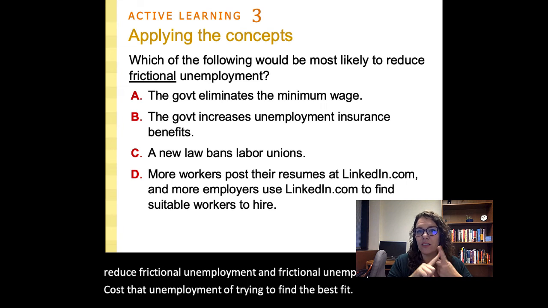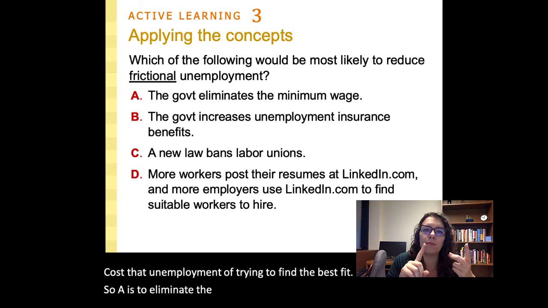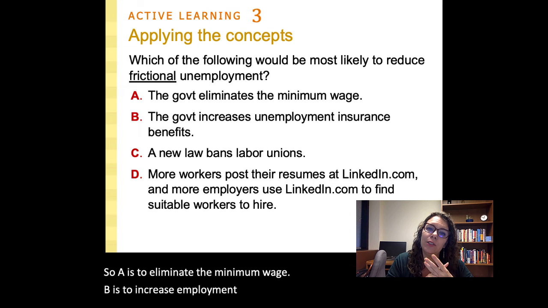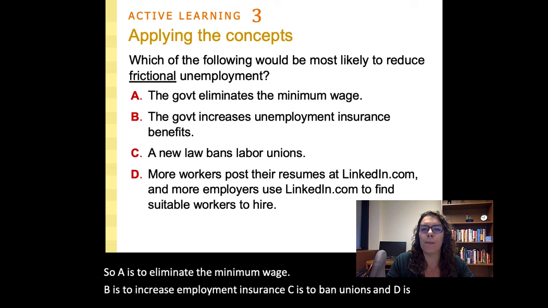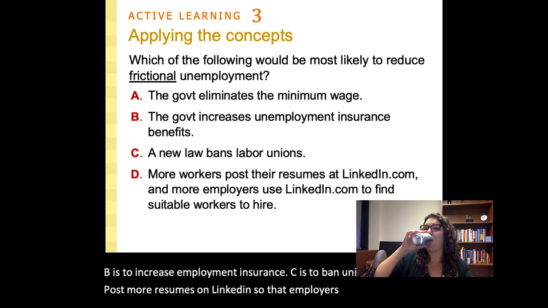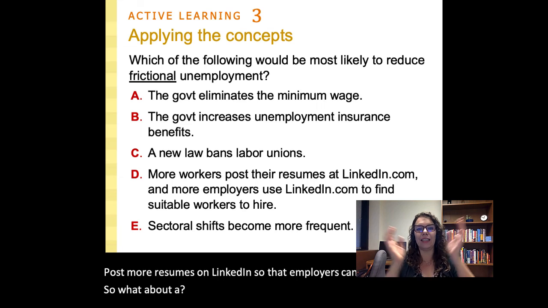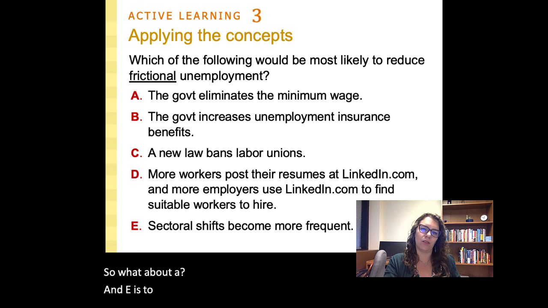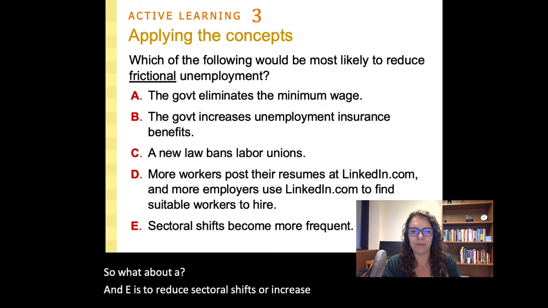So A is to eliminate the minimum wage. B is to increase employment insurance. C is to ban unions. And D is to post more resumes on LinkedIn so that employers can find workers. So what about A? Oh, and E is to reduce sectoral shifts or increase sectoral shifts.